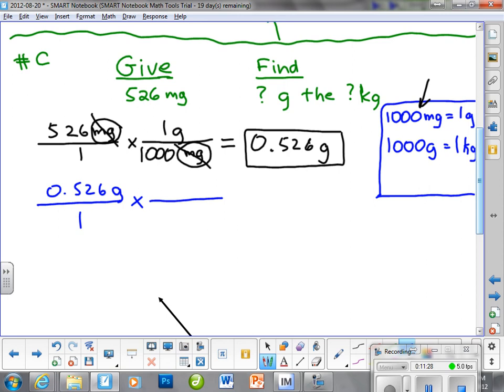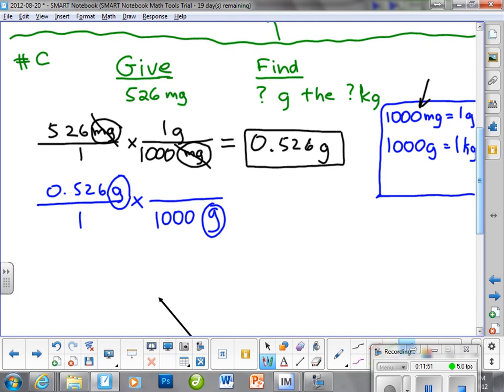Don't give me the 1,000 yet, just the grams, okay? So we got grams here, we got grams here. Now, the coefficient for the grams is 1,000. So 1,000 goes down here, and what do we have on top?